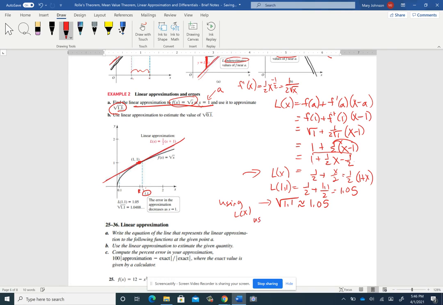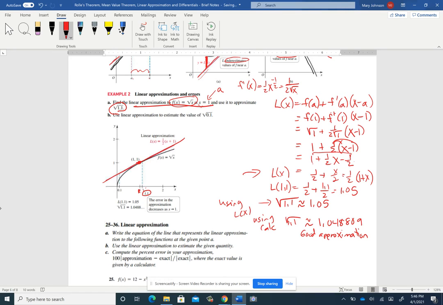But if I use the calculator, what I get is that the square root of 1.1 turns out to be 1.40488009. I just carried it a little bit further, and you see it's a good approximation, isn't it? And sometimes using a line is just way easier than using the original function. So that's why we sometimes like to do this.